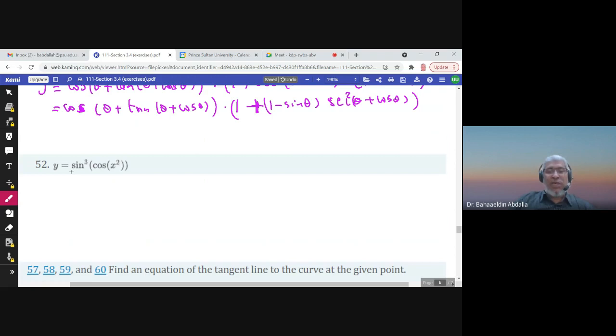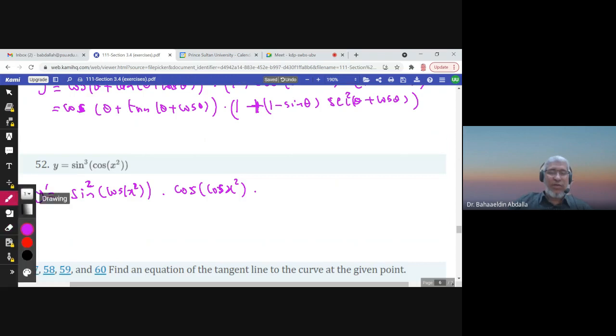Now, this is sine all to the power 3. So the derivative would be 3 sine squared(cos x²) times the derivative of sine itself. So the derivative of sine is cosine(cos x²). Now I finished the derivative of sine. Go inside, the derivative of cosine. The derivative of cosine is negative, so this negative I will write here, or let me keep it for now.